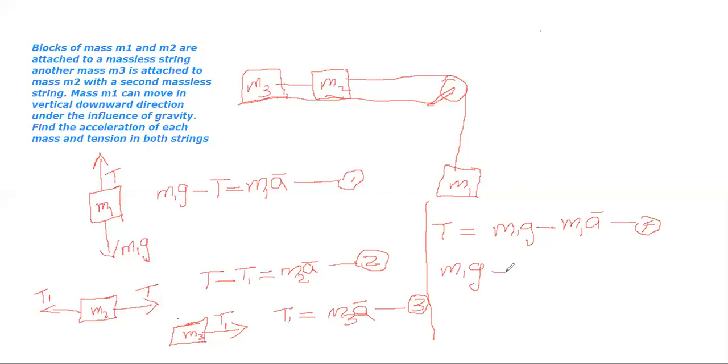So what we can write is m1g minus m1a minus T1, and we know that T1 is m3a, is equal to m2a. That is, m1g is equal to, taking these two parts into the right hand side, m1 plus m2 plus m3 times a.